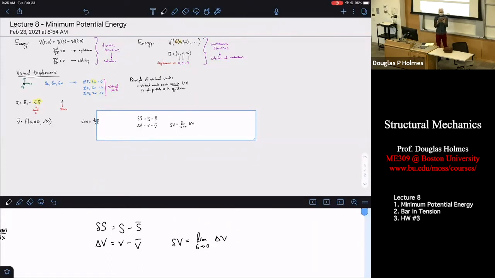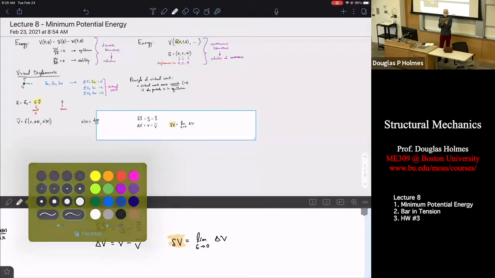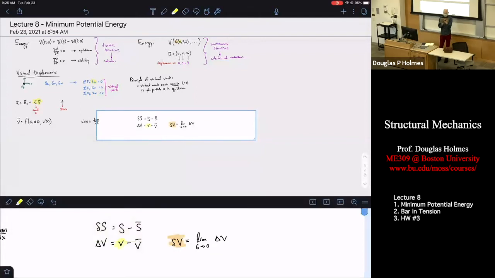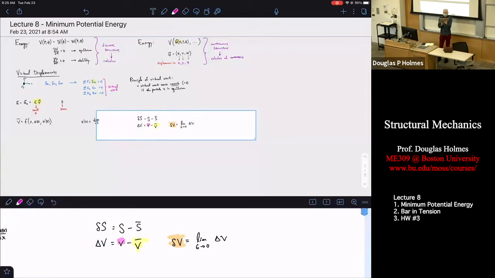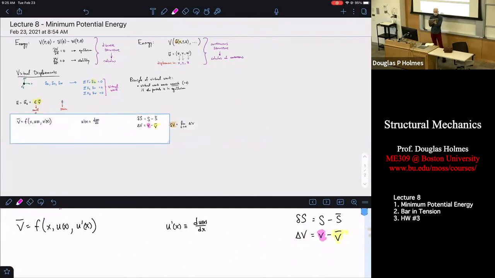Same idea though. We're trying to get here by looking at the difference between our true potential energy and our perturbed potential energy. This is our true potential energy.